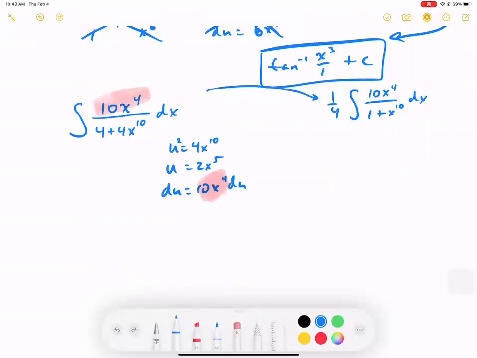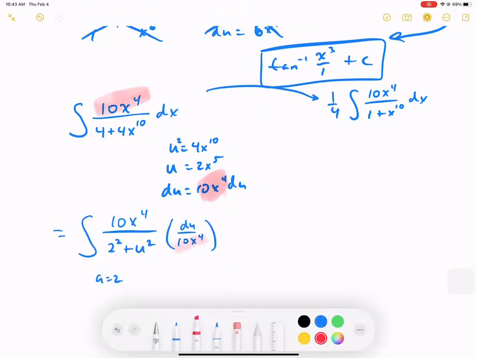Let's go ahead and rewrite this now. This is going to be the integral of 10x to the fourth over 2 squared plus u squared, because a is going to be 2. And our dx became du over 10x to the fourth. The 10x to the fourth divide out, leaving the only variable in this problem, which is all u now.